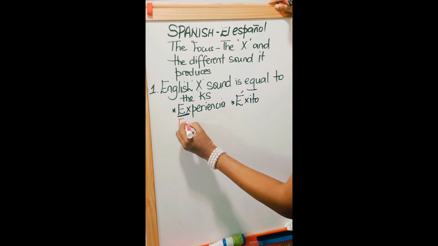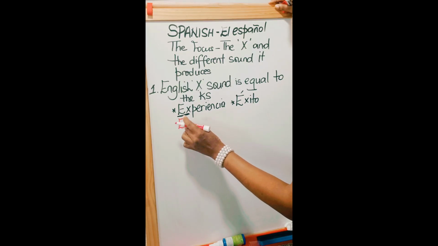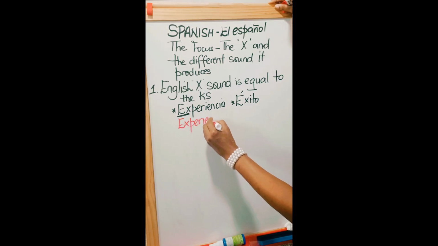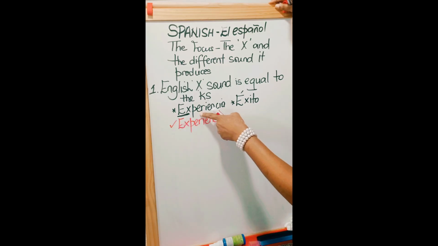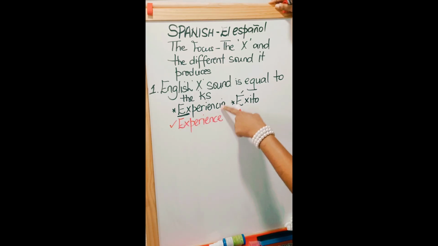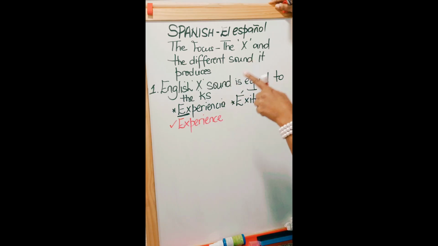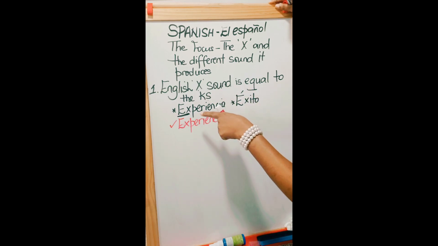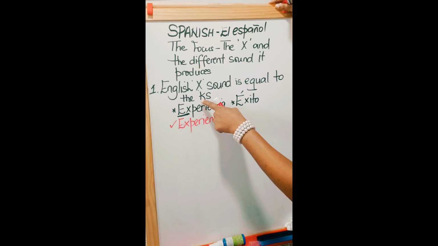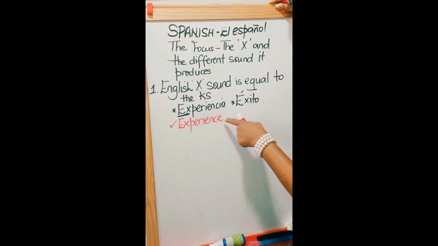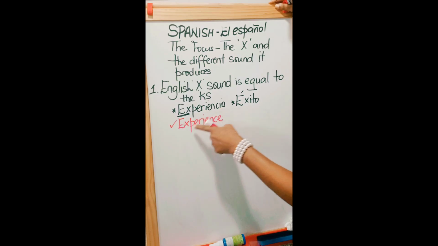So this means experience in English, coming from the Spanish word experiencia, and we say the first sound of the Spanish letter X, la letra X, is the English X sound, which is equal to the KS sound, right? So experiencia, the EX is actually translated to KS, and the meaning of experiencia is experience in English.